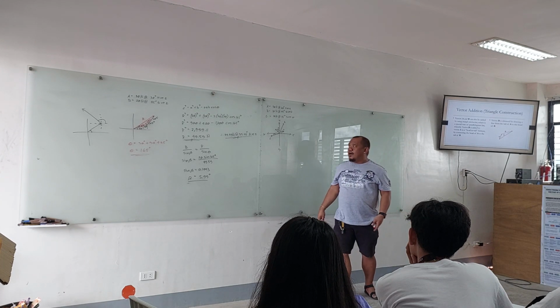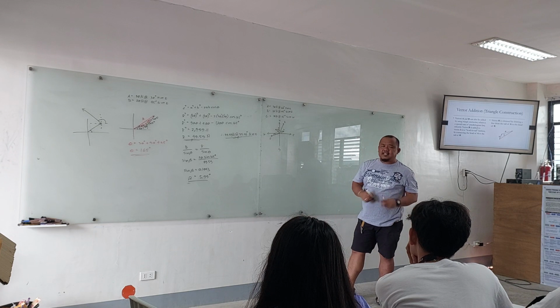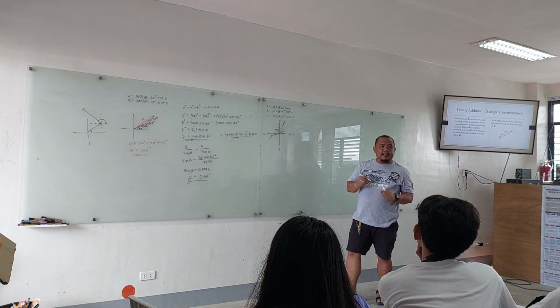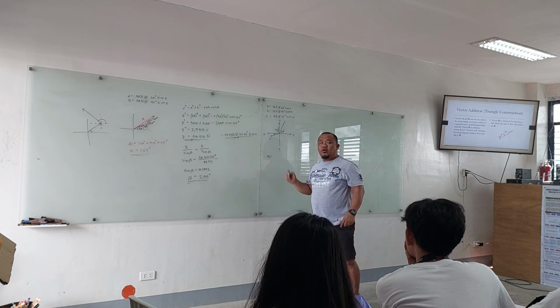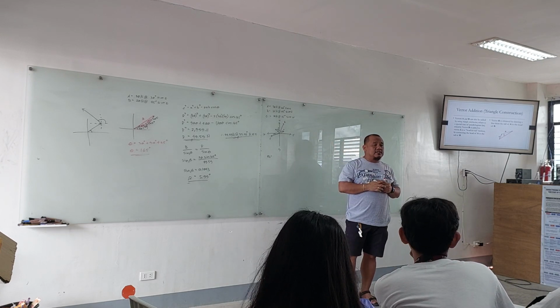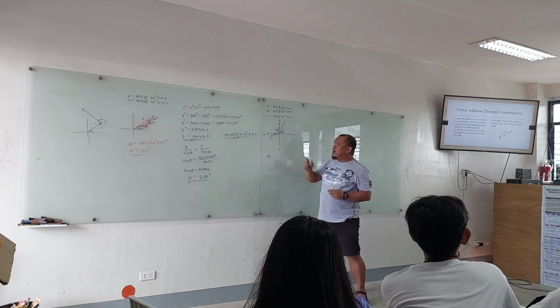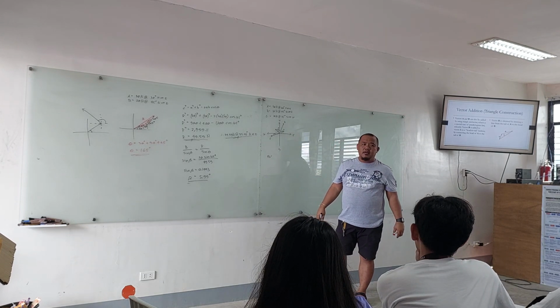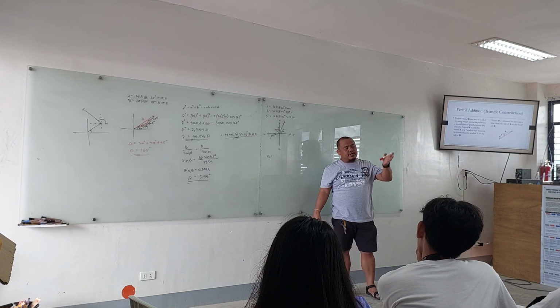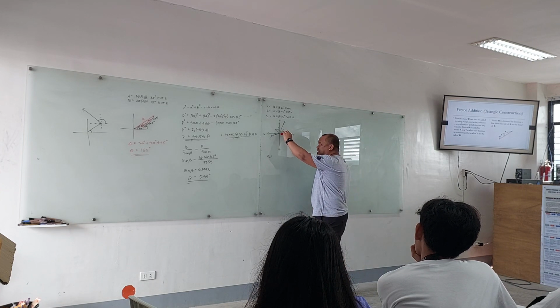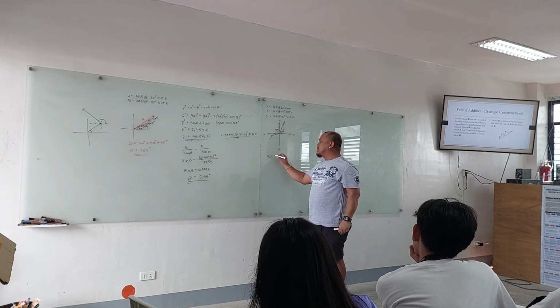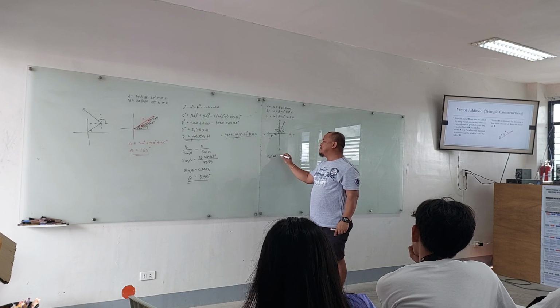What we need to do is first get the reference angle of vector A. The reference angle, by definition, is the angle from the positive x-axis. This is the positive x-axis. Automatically, theta A is equal to 60 degrees.